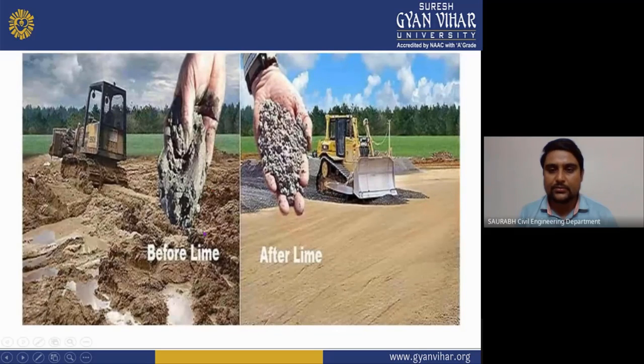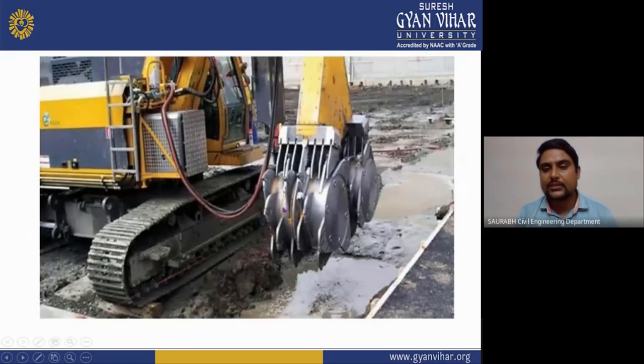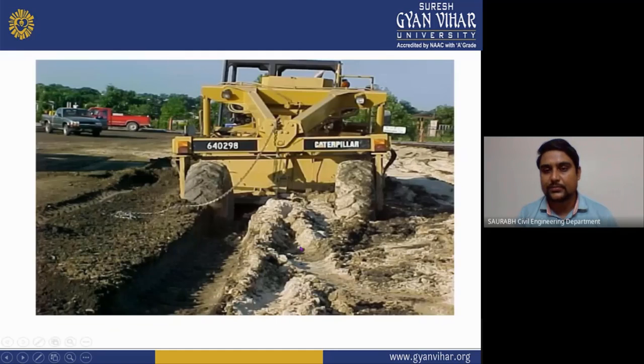This shows the surface before adding the lime and after adding the lime. These things are generally conducted for the preparation of pavement and the preparation of the floor of any important structure.